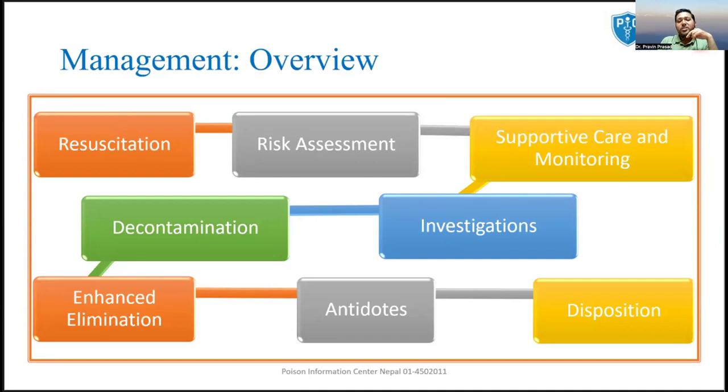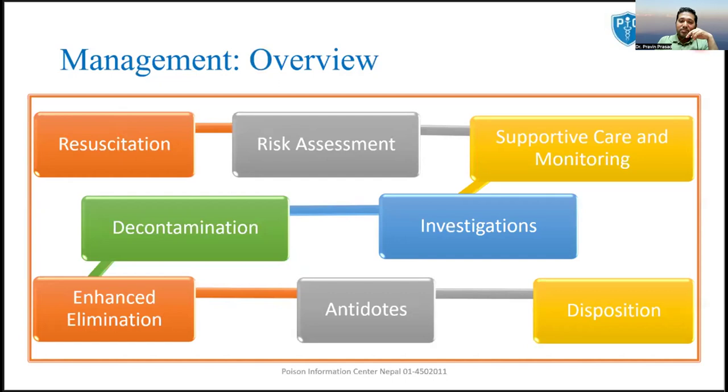But if it's very late, still it's a risk versus benefit that you want to evaluate, and then you can decide on its own. Enhanced elimination is not a very common practice in plant poisoning. Antidotes, there are some antidotes that you want to go for. And then the last one is disposition, you want to refer the patient, you want to keep the patient in emergency observation, or you want to send the patient to the ICU. That we have to do.